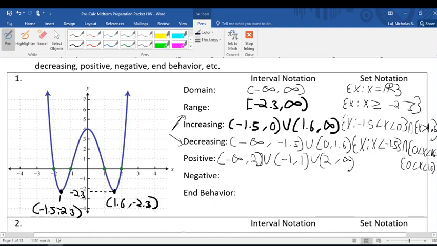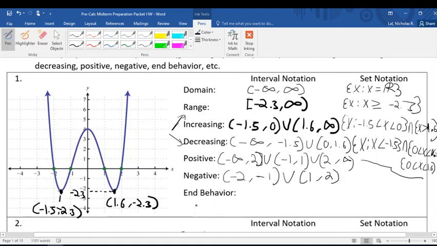And I'm not going to force you to write that in set notation just because of the lack of space. It's negative between negative 2 and negative 1, and then 1 and 2.